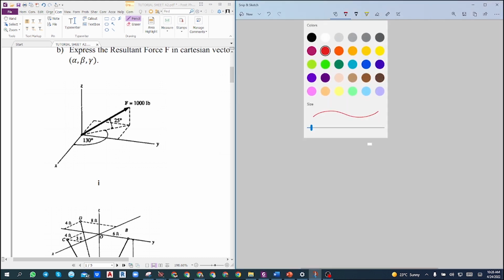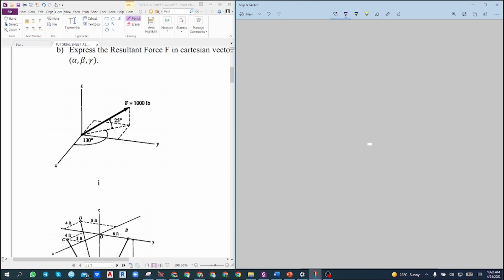So let's start. So we know that to find the FZ, that would just be F times the sine of 25 degrees.